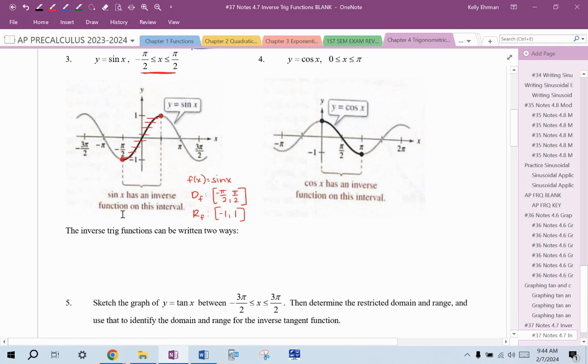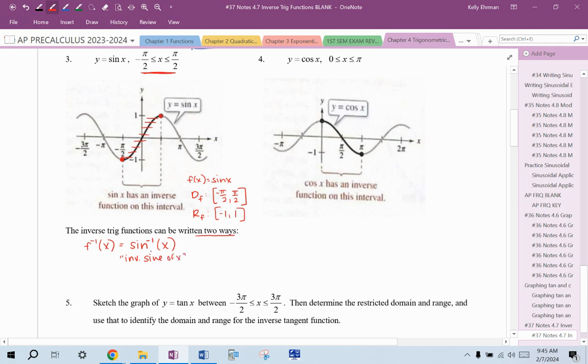Okay, we can write that inverse trig function two ways. So what is f inverse if f of x equals sine x? We briefly talked about inverse functions when we were solving for angles earlier in this chapter. There are two ways that you can write inverse sine. This is what our calculator shows us. You would read this as inverse sine of x.